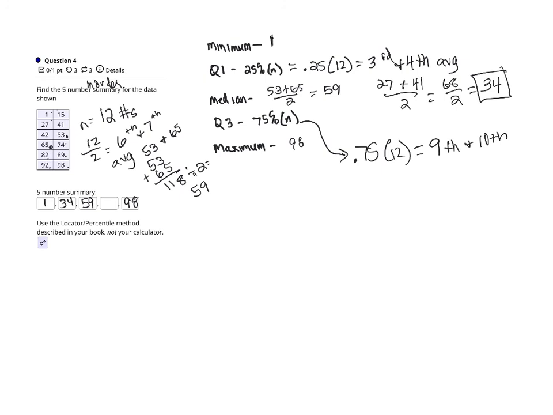The 9th is 82, and the 10th is 89. We add those together and divide by 2. 171 over 2 equals 85.5. So we're going to use 85.5. That is our third quartile.